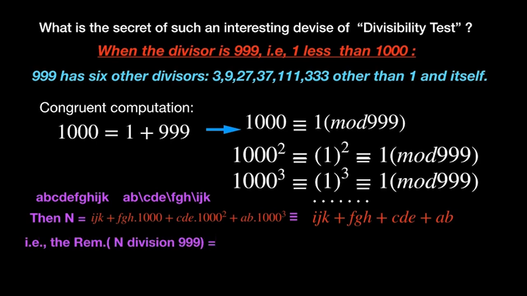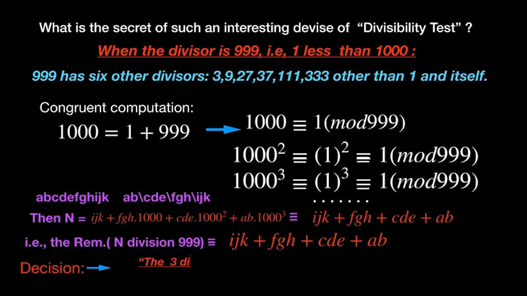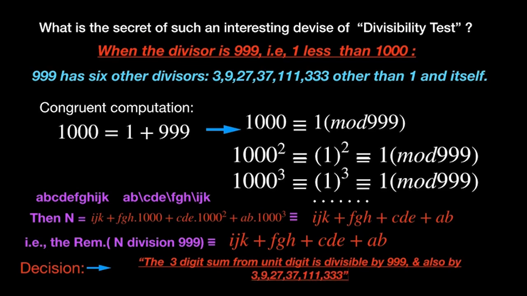So the remainder of n when divided by 999 will be congruent to ijk plus fgh plus cde plus ab. And so we have come to the decision that the 3-digit sum from the unit digit is the remainder.